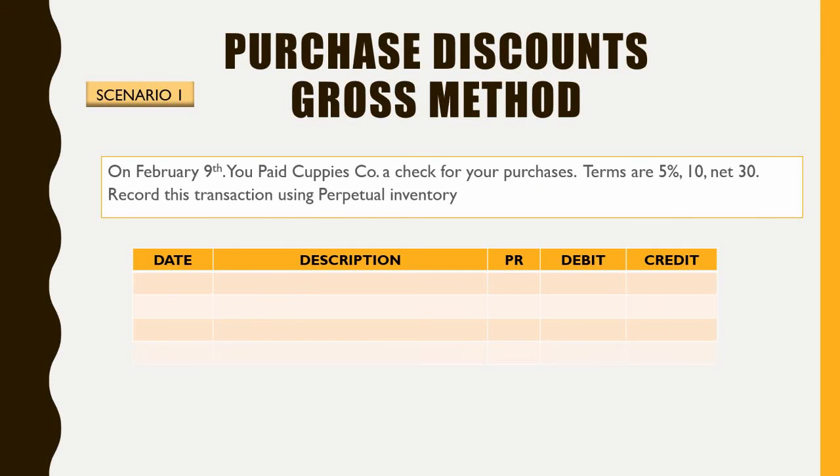And on February 9, we made the discount period. So in this case, if we made the discount period, that means we're going to be making a lesser payment. So what I'm going to do is take the discount directly out of my inventory.